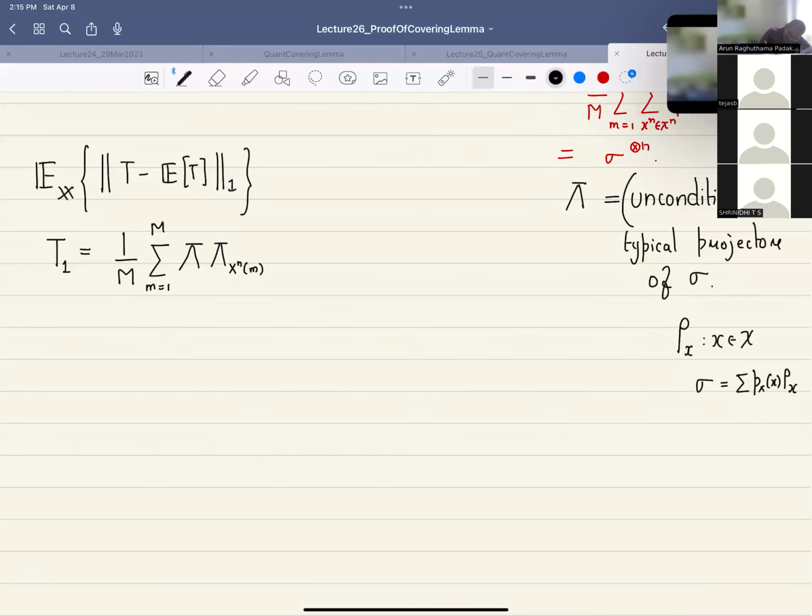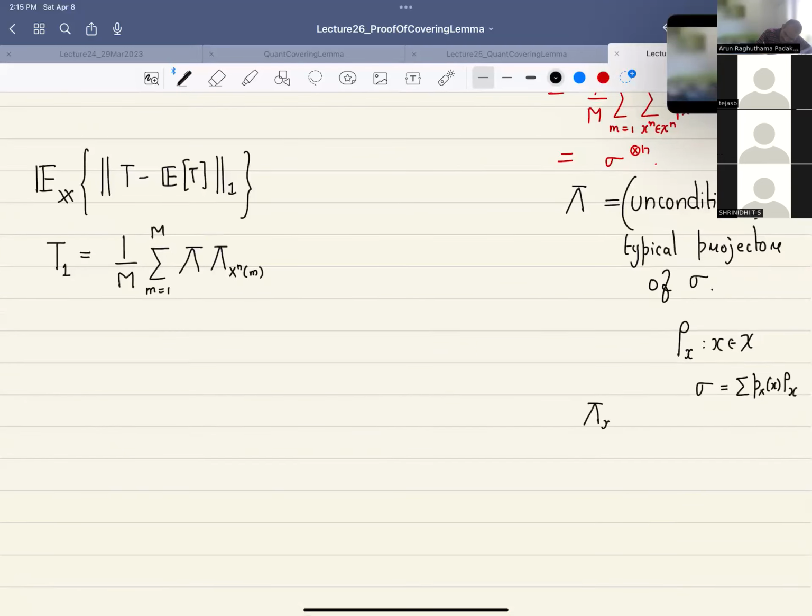For any xn, pi xn is the conditional typical projector of rho xn. This is a different beast, so I'm using the same letter pi; I don't want you to get confused. When there is no subscript or superscript, it is the unconditional typical projector of sigma. When I write pi xn, it is the conditional typical projector of rho xn.